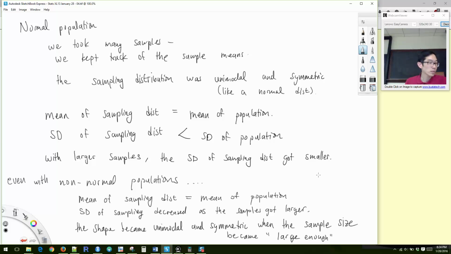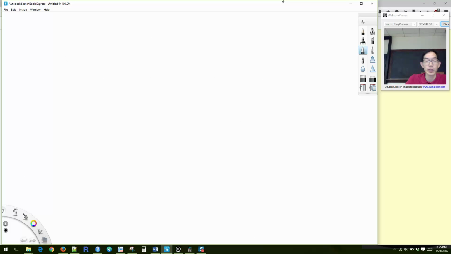Okay, and so this, we call this the sampling distribution of y bar, and it is defined by what we call the central limit theorem. Okay, so do you guys have all this written down? All right, so we've got the central limit theorem. And what we're talking about is the sampling distribution of y bar.